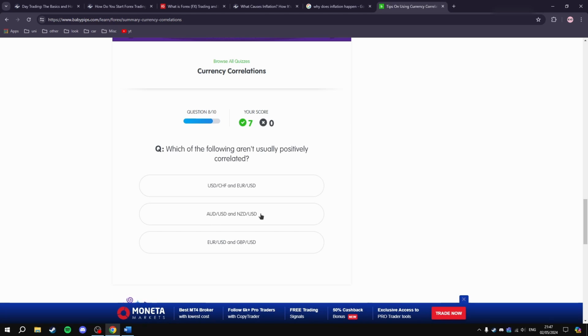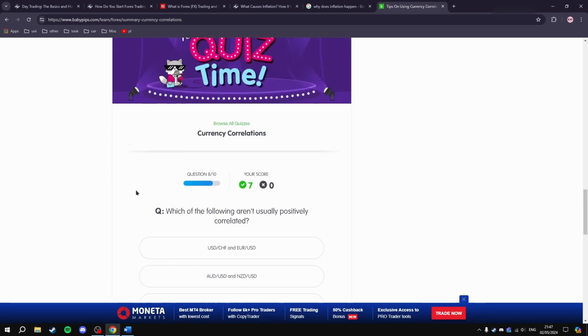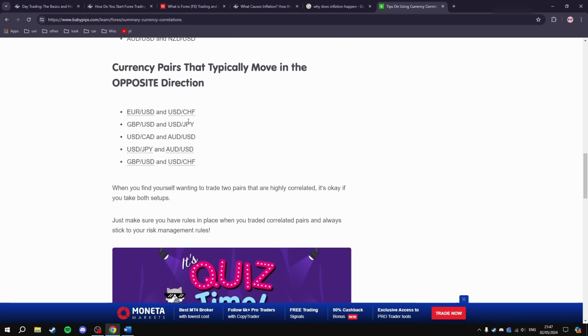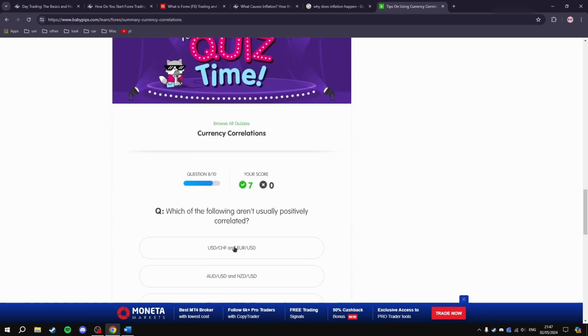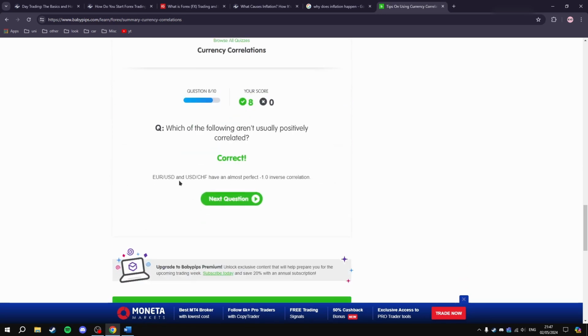That's definitely positively correlated. AUD/USD and NZD/USD. USD/CHF and EUR/USD. This one, the first one. EUR/USD and USD/CHF have an almost perfect -1 inverse correlation.